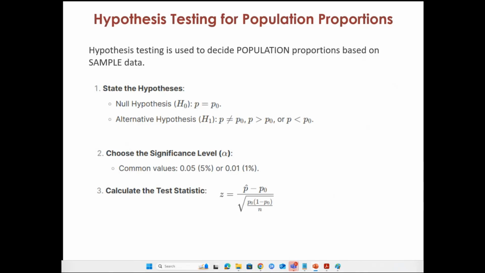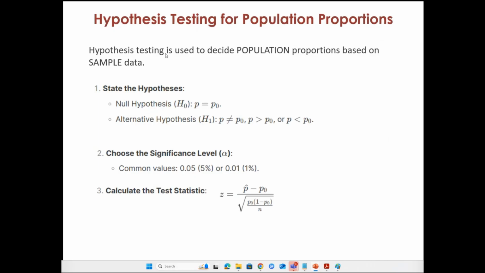So the null hypothesis is the assumption that there is no difference, or that it is equal. That is usually the null hypothesis. The alternative hypothesis will be that there is a difference observed between the populations.